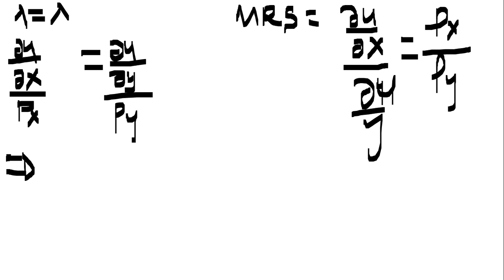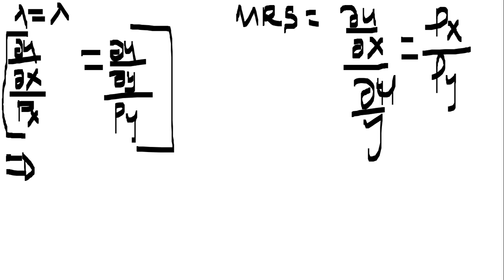So now, in short, at this stage that we've reached, we have reached the equimarginal principle, which states that given two goods, good x and y, the marginal rate of substitution of good x divided by the marginal rate of substitution of good y must equal the ratio of the prices of these two goods, x and y.